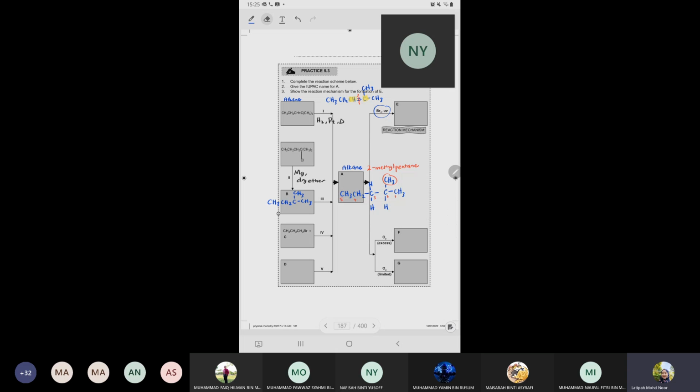Ada 3 plus 2. Ini 2. Ada CH3. Betul eh? 3. So Cl tu, awak hanya perlu jadikan dia MgCl. So this is the Grignard reagent. Okay, macam mana nak namakan Grignard reagent tu?